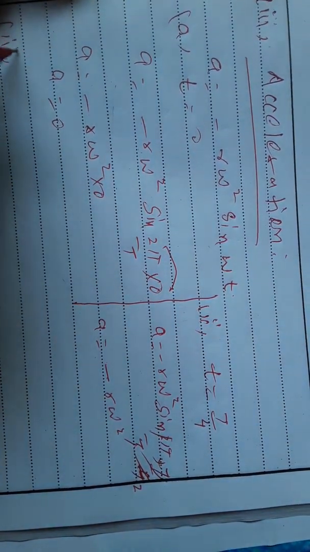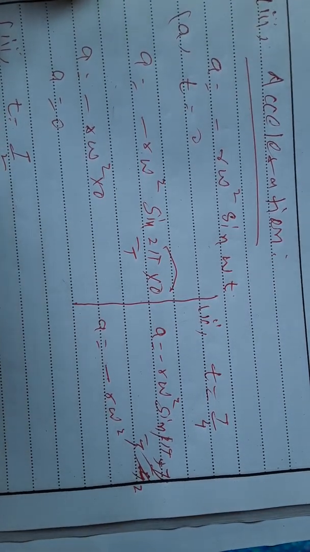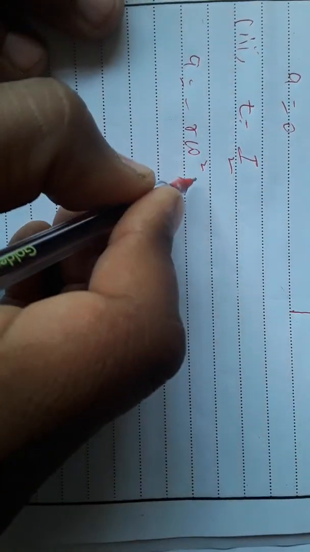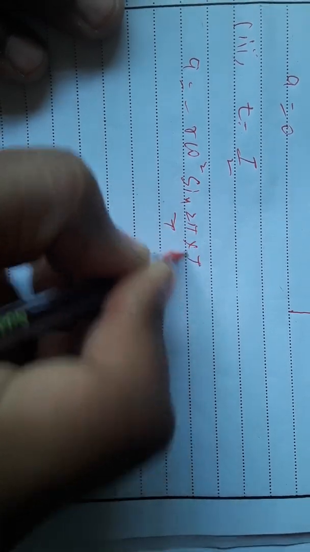For the third, t is equal to T by 2: minus r omega square sin 2 pi upon T into T by 2. Sin 180 is 0, acceleration 0.